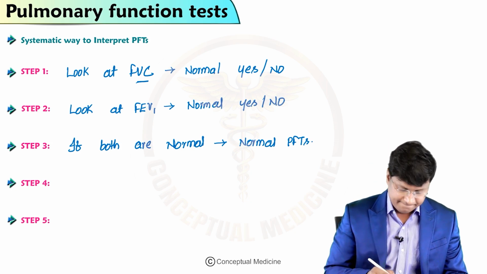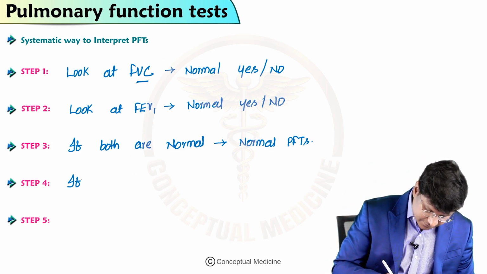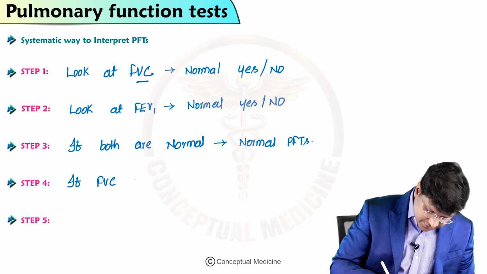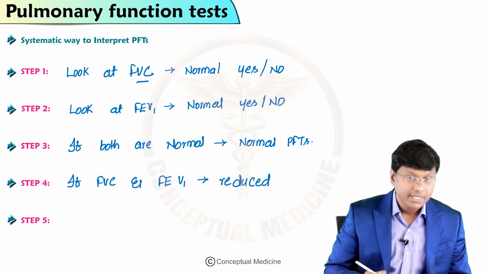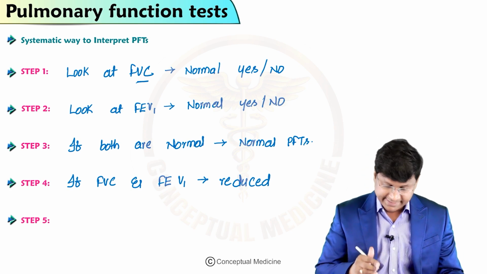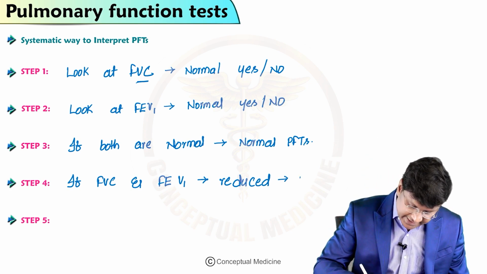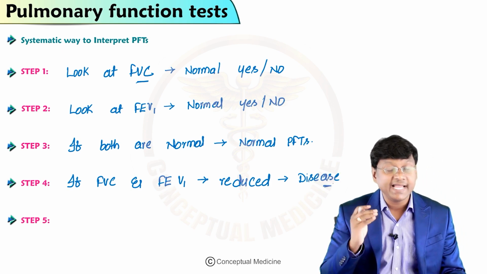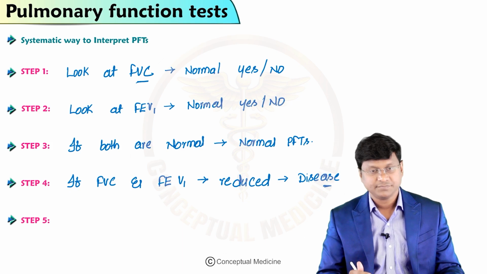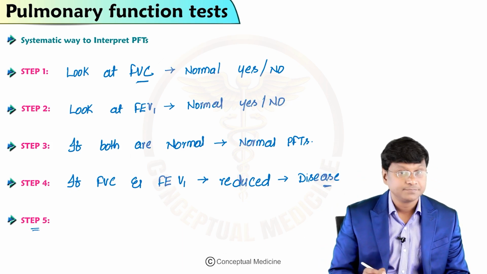Step 4 is that if FVC and FEV₁ both of them are reduced, then the presence of disease is highly likely.